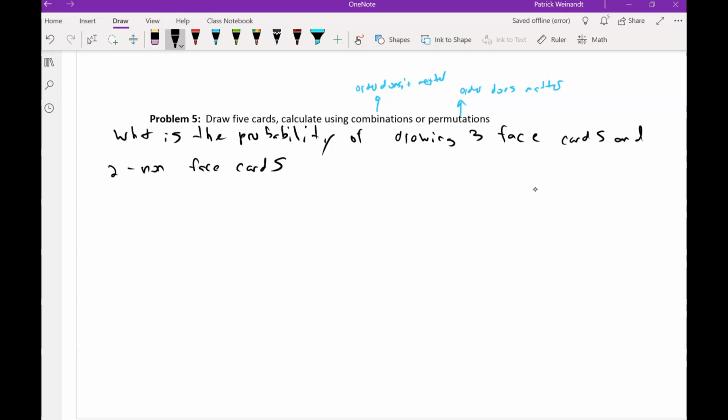So we'll do the probability of 3 face cards. You know that for theoretical probability, the definition is that what goes in the denominator is just the number of total possible outcomes.